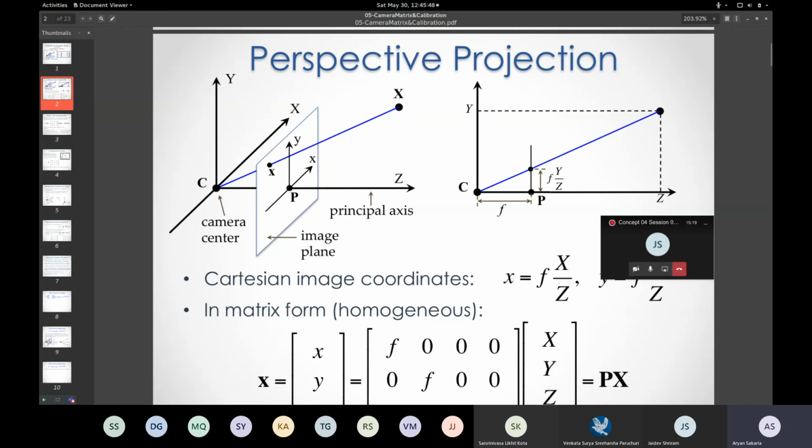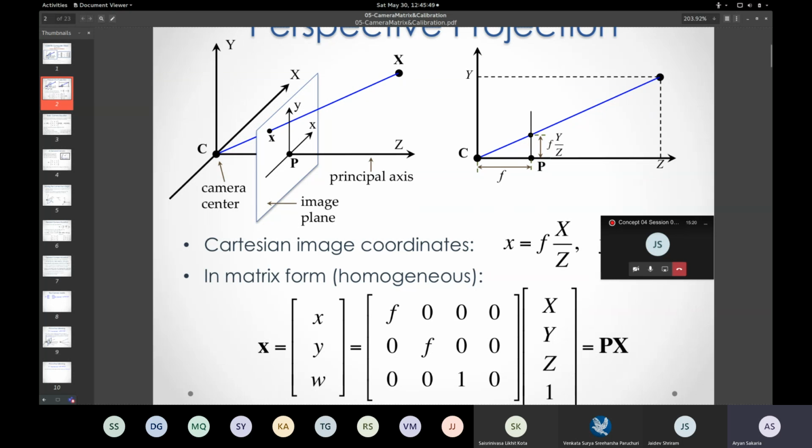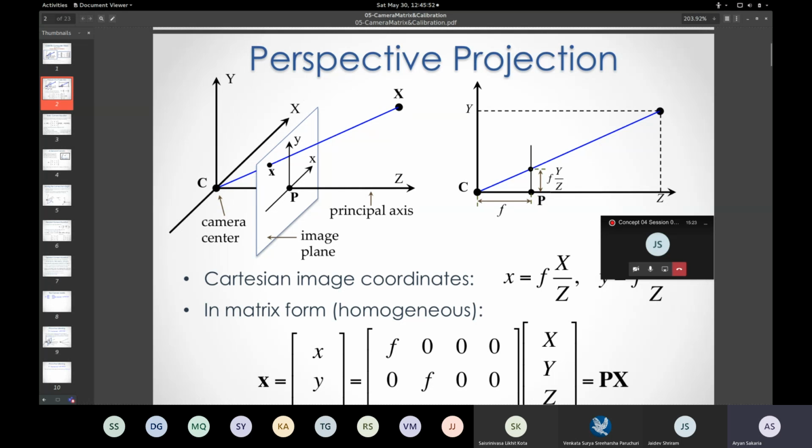All right. So now we have this camera center, and assume that it's the world coordinate system, and you have some points over here. This is a three-dimensional point, and you want to get it as a two-dimensional point in this image plane.